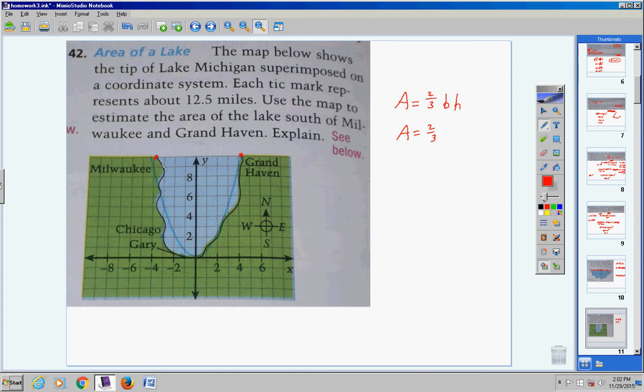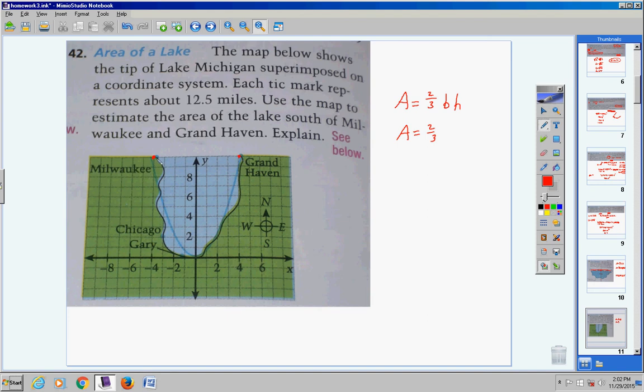So the base goes across from right here to right there.